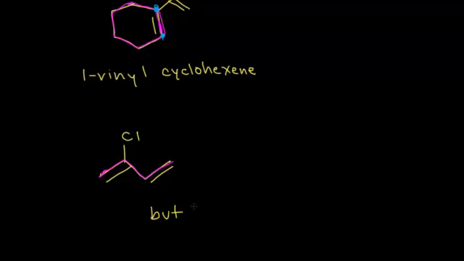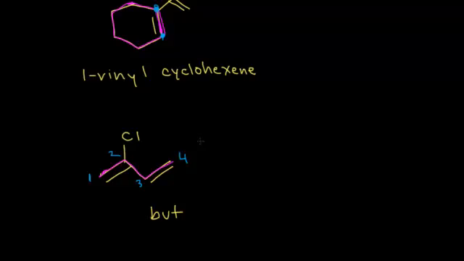Now I have 2 double bonds in this molecule, and I need to figure out how to number my chain. I can start from the left or I can start from the right. And again, I think with the experience you have, you can pretty much figure out we're going to start from the left to make this carbon number 1, 2, 3, and 4.